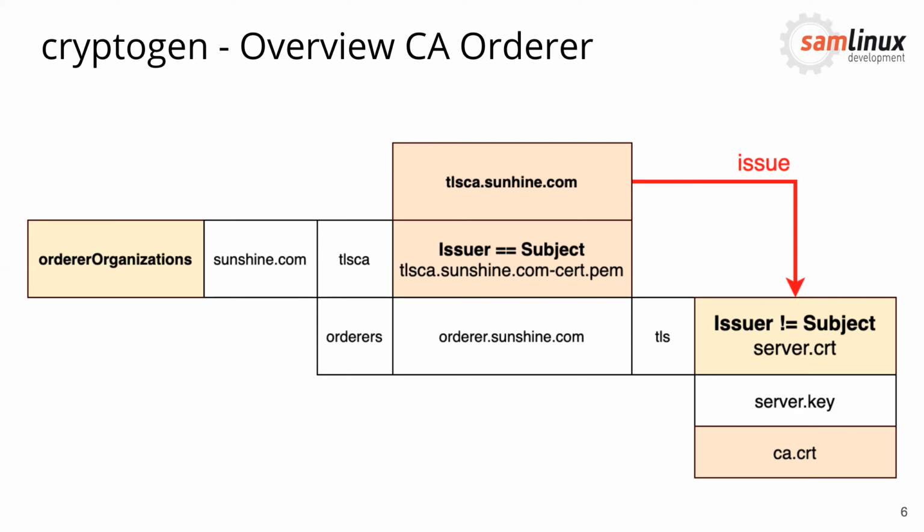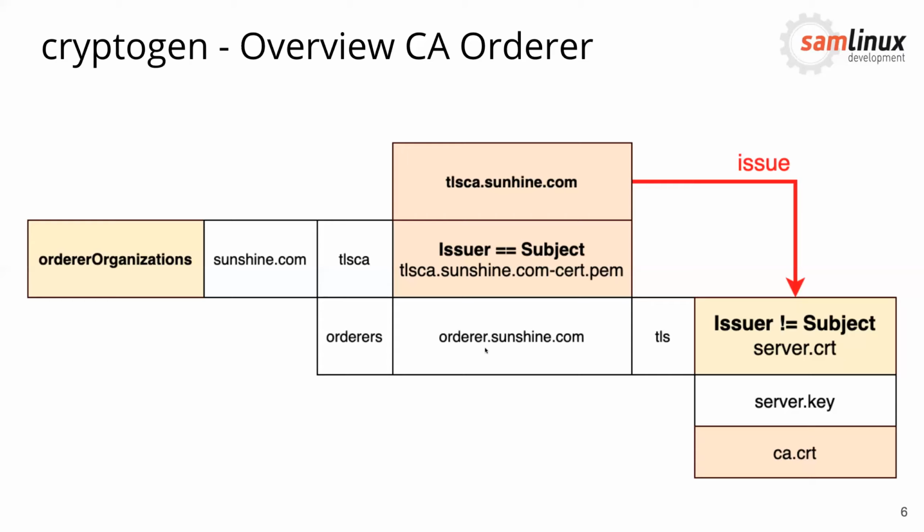And in general, you have a certificate authority for TLS, and you have a certificate authority for the orderer organization and for their members. So for the TLS, you always have its own certificate authority. And this certificate authority issues certificates only for the TLS process.